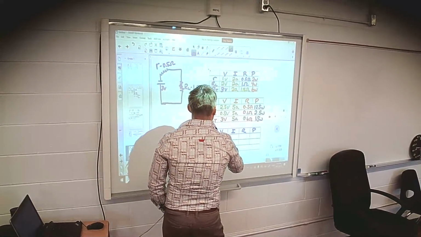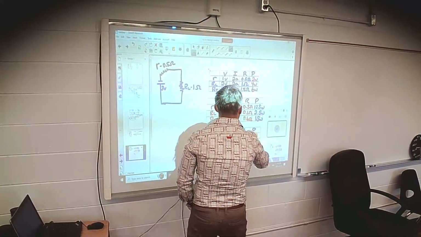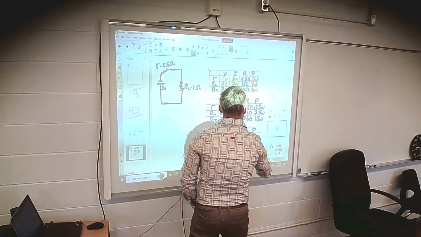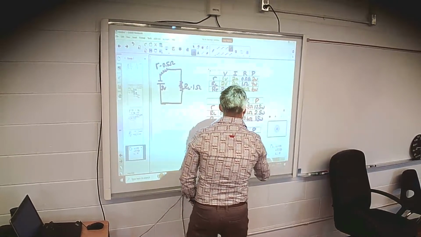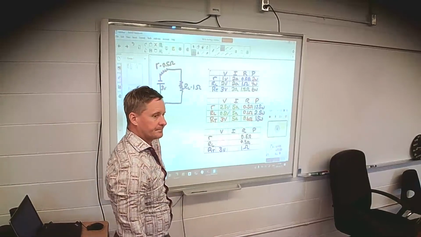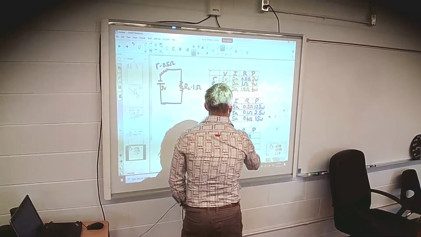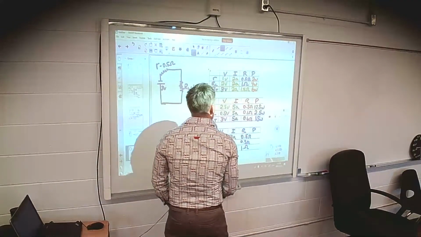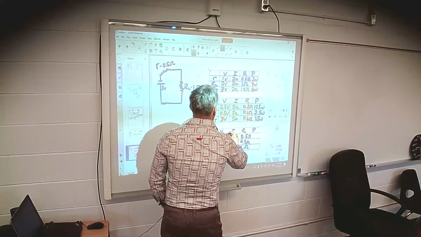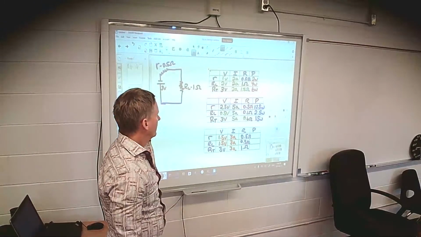So I've got R, R_L, and total: 3 volts, 0.5 ohms, 0.5 ohms, for a total of 1 ohm. How much current is in the circuit? 3 amps. What does that make the voltage on all of these? 1.5 volts.